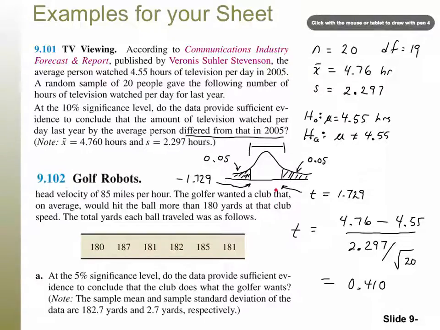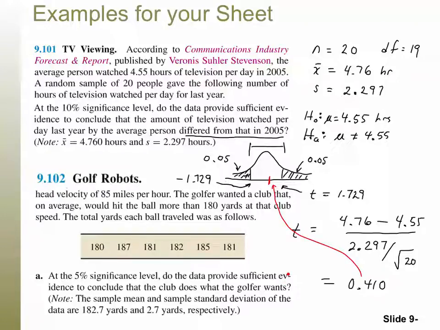Rejection or non-rejection region? Well inside the non-reject, right? So we would have had to exceed 1.729, but we're here at 0.410, which is relatively close to the hypothesized mean.